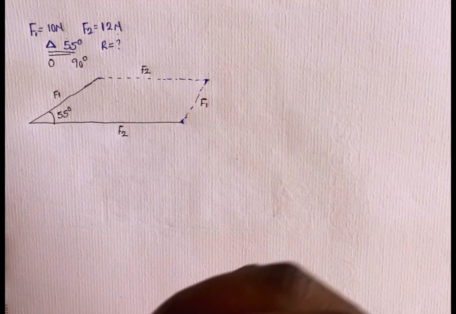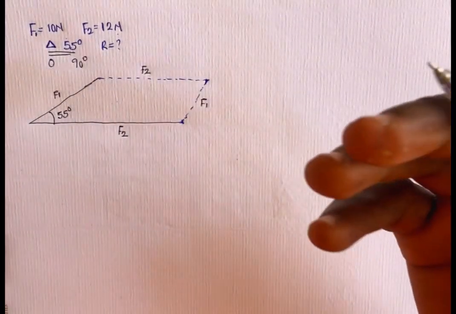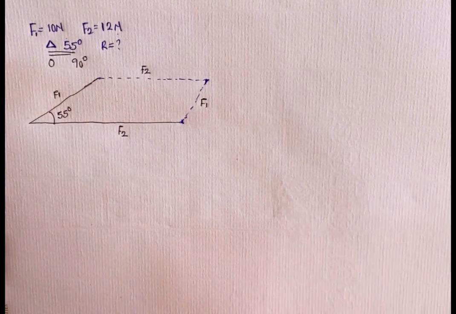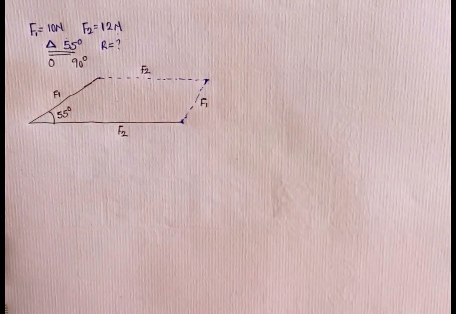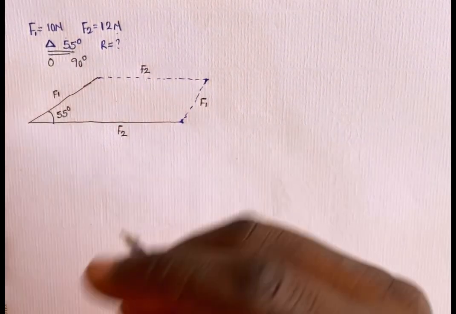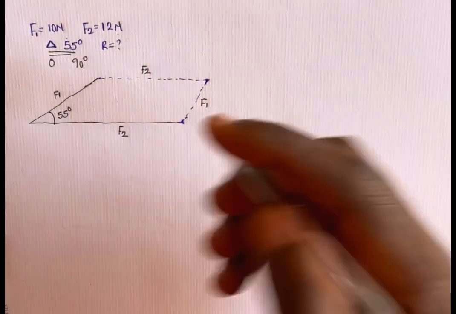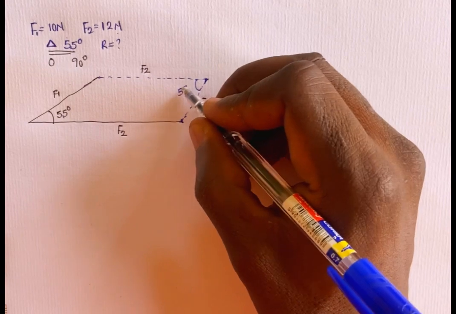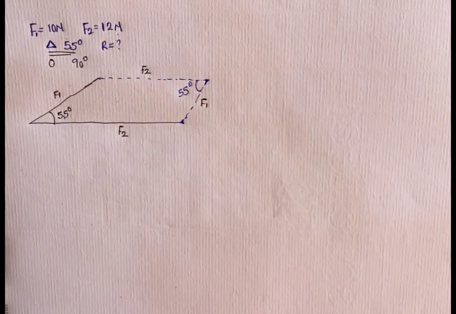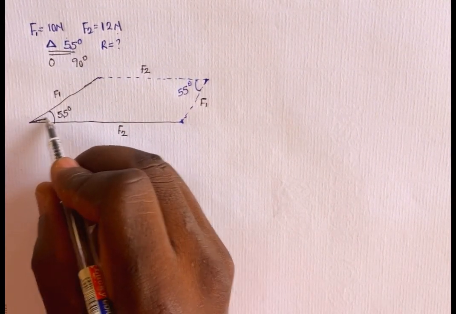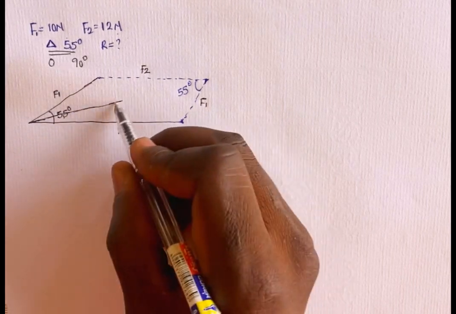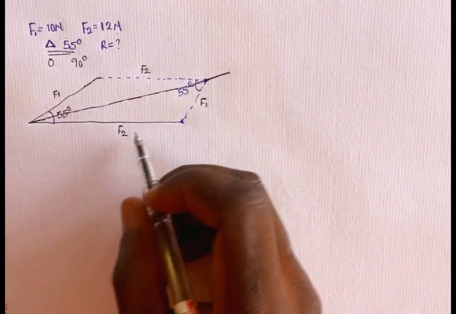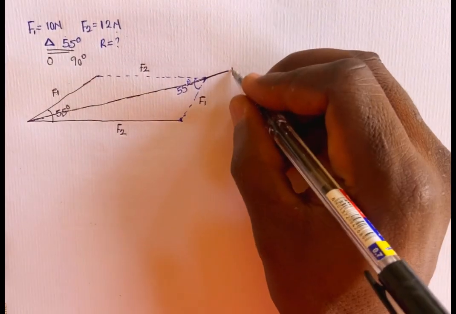Don't forget that according to the parallelogram law, the opposite sides must be equal, the opposite sides must be parallel, and the opposite angles must be equal. So if this is 55, then this will also be 55 degree, right? Then I take the point at which F1 and F2 intersect each other. So this is going to be my resultant force.